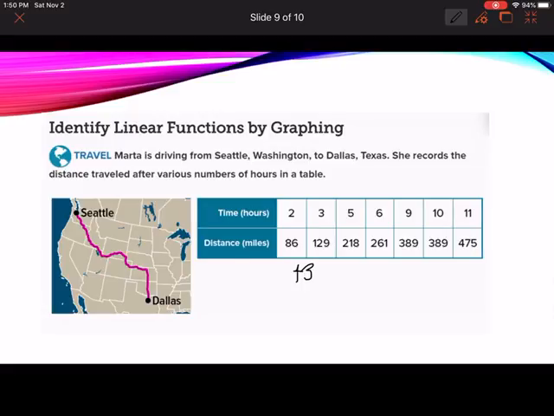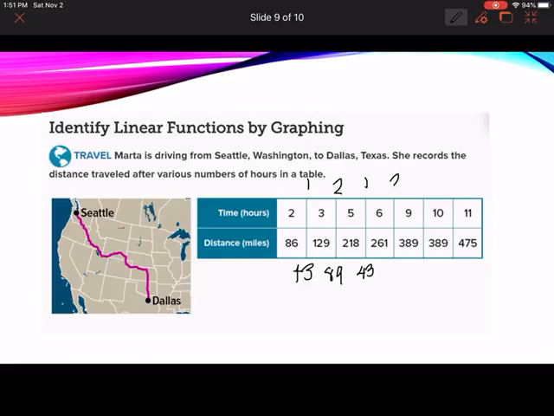And then I want to take 129 and subtract 218. Well, this is 89 miles, and this is 2 up here. So this is 1. So then we go from 5 to 6, which is 1. And then we have 218 minus 261, which is 43 miles again.